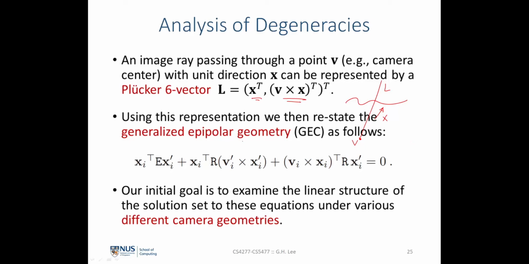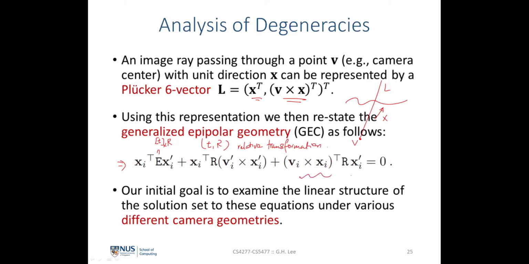And using this representation, we can then restate the generalized epipolar geometry, which we have defined previously, in this form over here in the coordinates of X and V that we have defined. So R and E here, where E is equal to the cross product of T and R, where T and R are simply the relative transformation between the two general views.